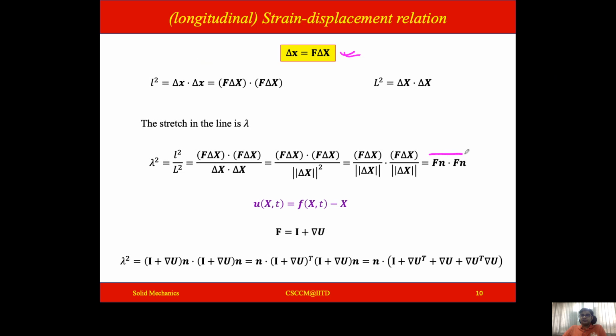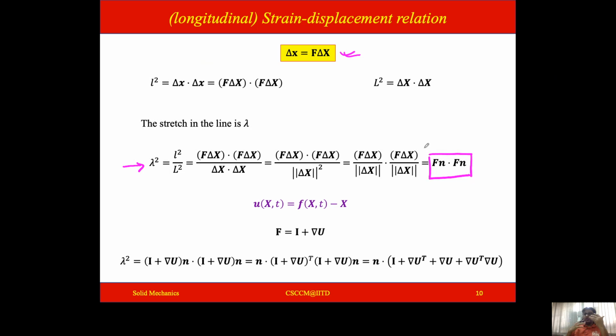You see, that is what we derived, because del x by magnitude of del x gives you the unit normal vector. So what do we have? Let us see. We have a relation between lambda square, which is stretch square, and F. And what is F? F is deformation gradient, right?